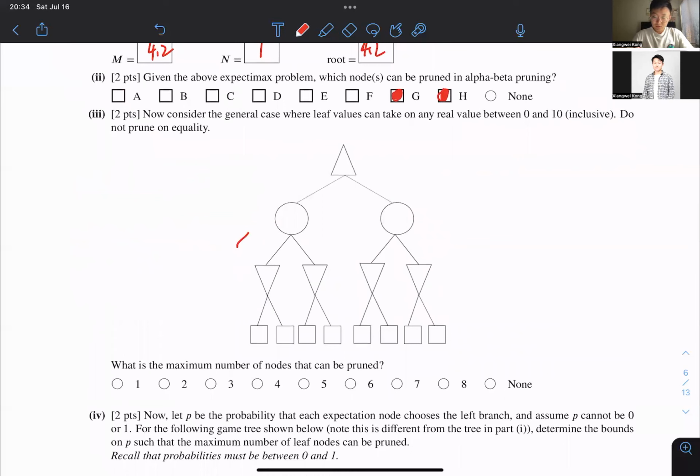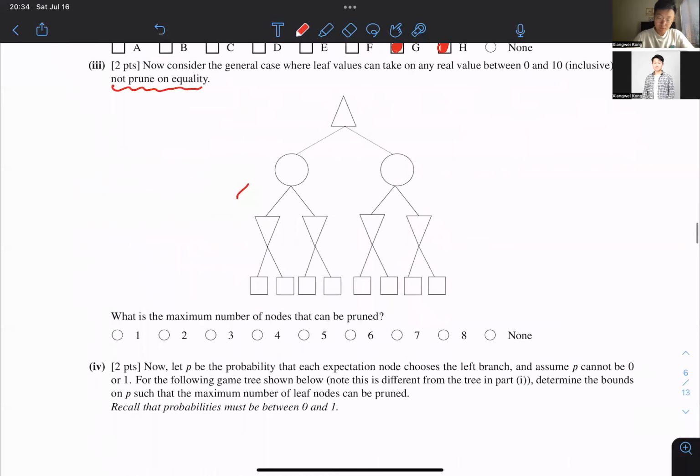And it says, do not prune on equality. This is very important for this question. So what is the maximum number of nodes that can be pruned? All these 4 nodes should be chosen because we need to determine the value for this one.